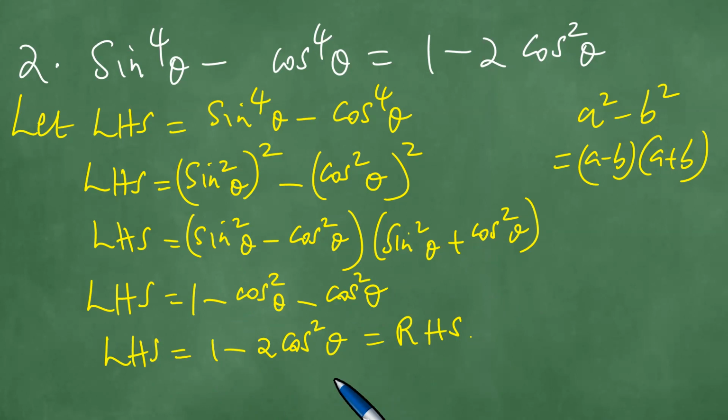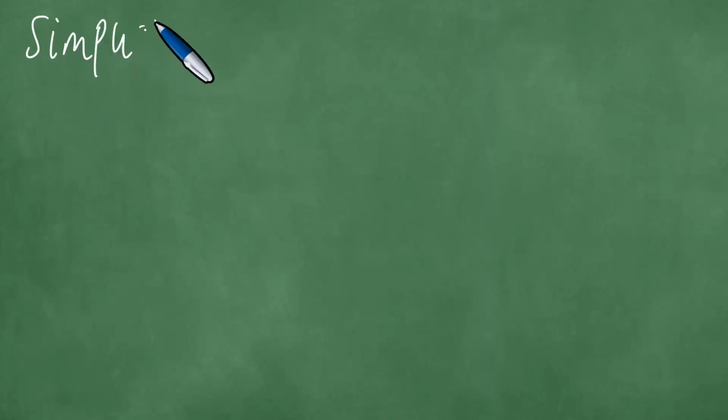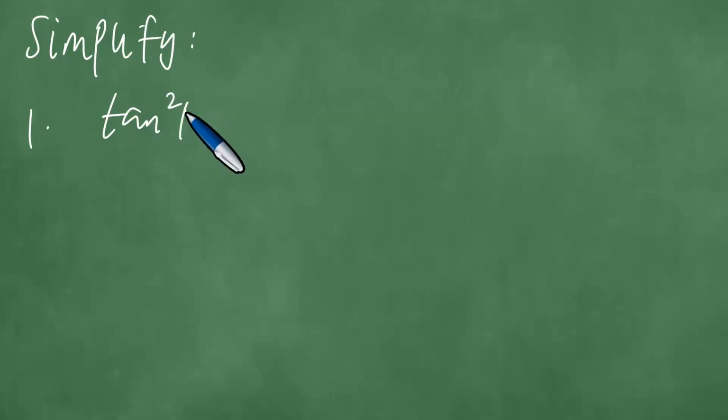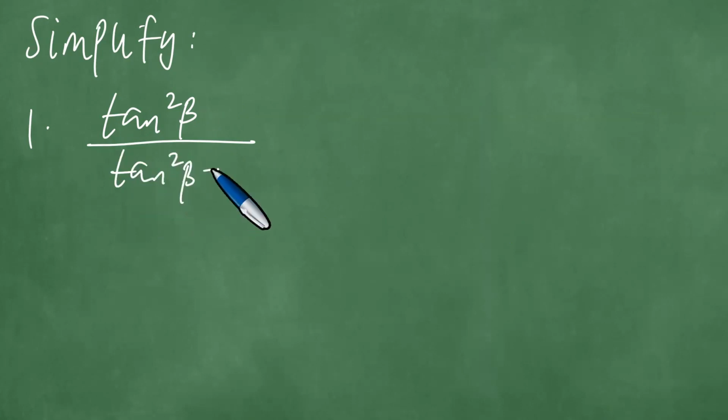Let's look at more problems for us to try. Let's look at this one. Simplify. Number 1: tan squared beta over tan squared beta plus 1.